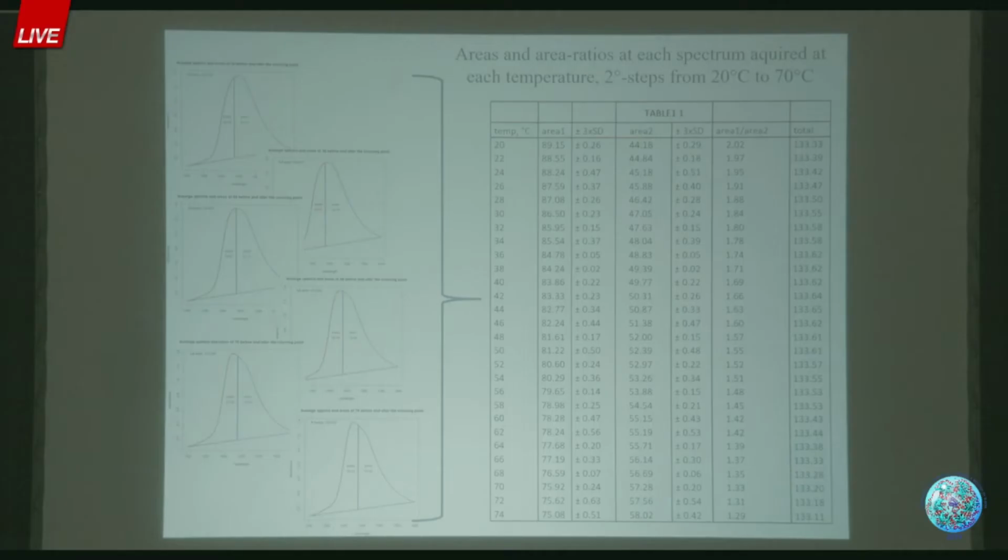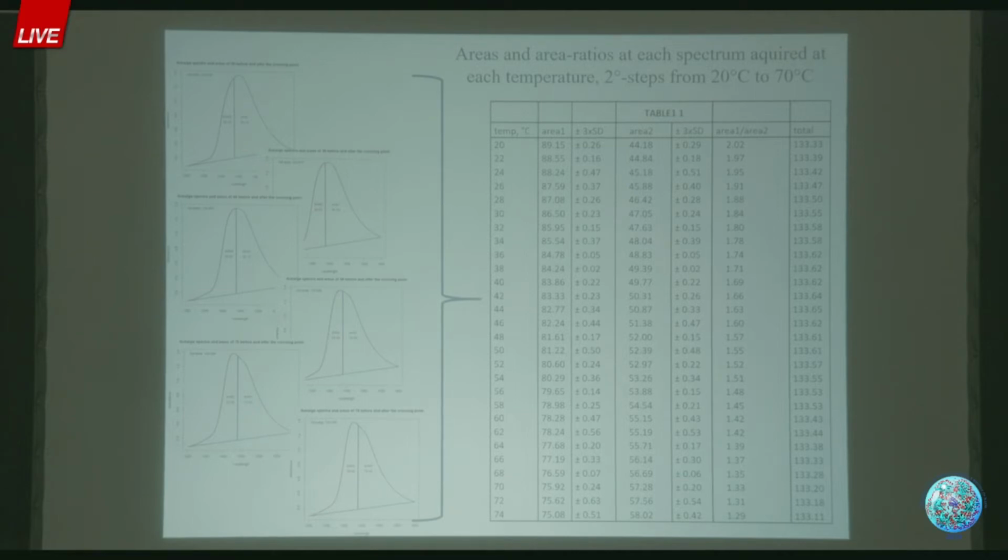We tried to divide the spectra into regions divided by the isosbestic wavelength, and tried to weigh the ratios of the two populations at the different temperatures.